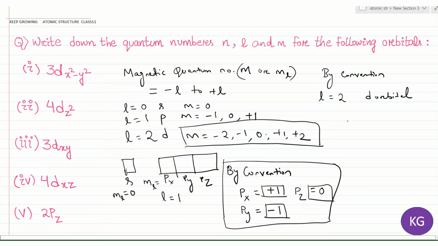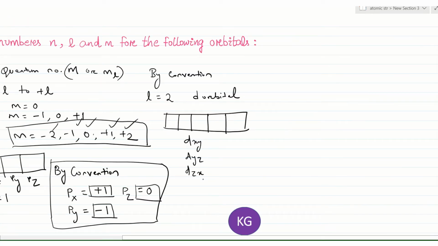So there are 5 orbitals. What are they? The names are dxy, dyz, dzx, then dx square minus y square and dz square.